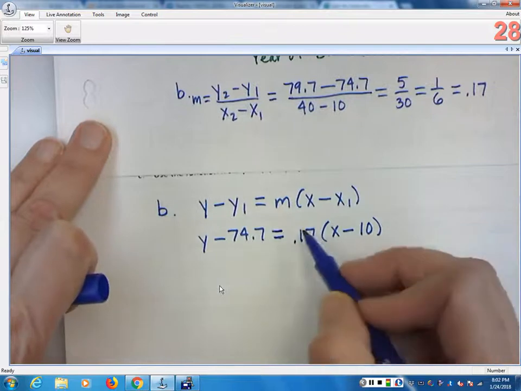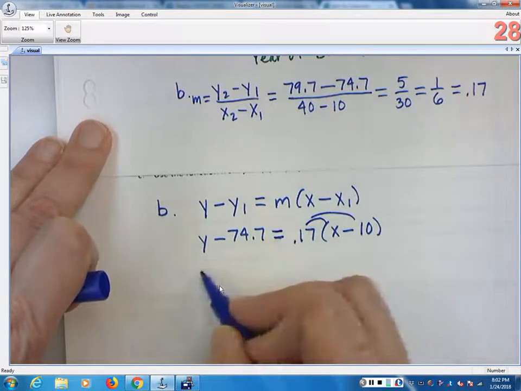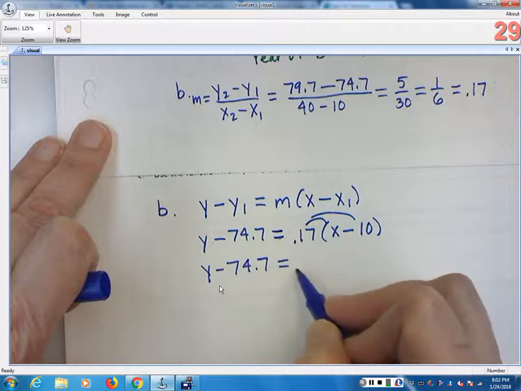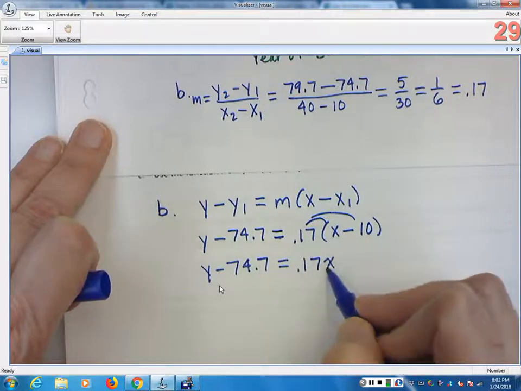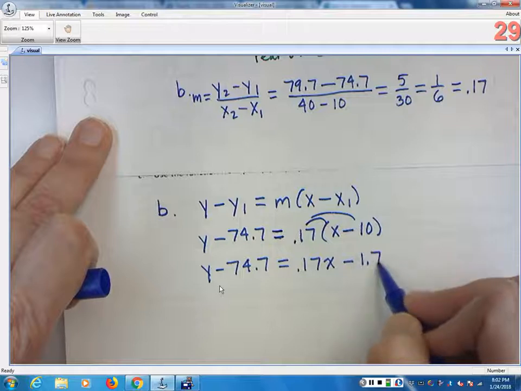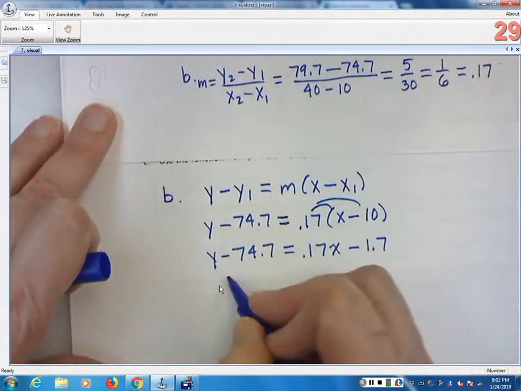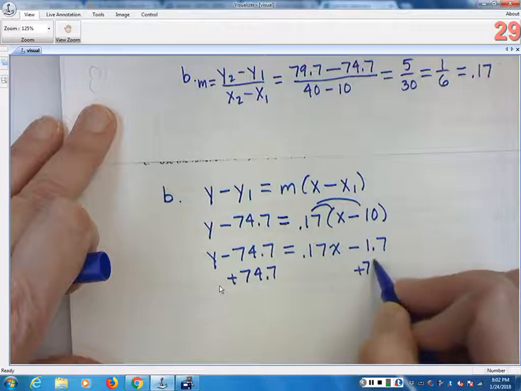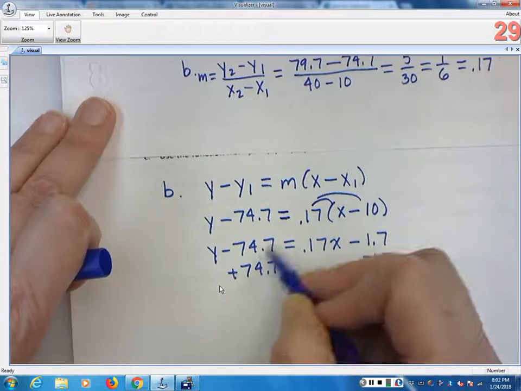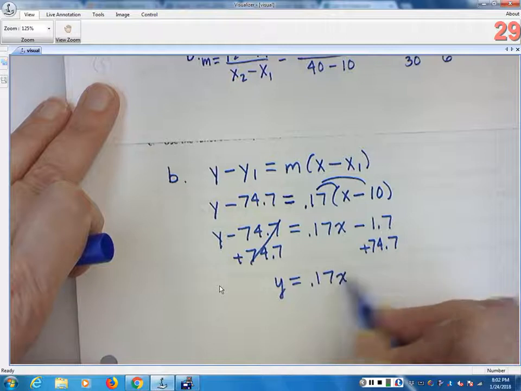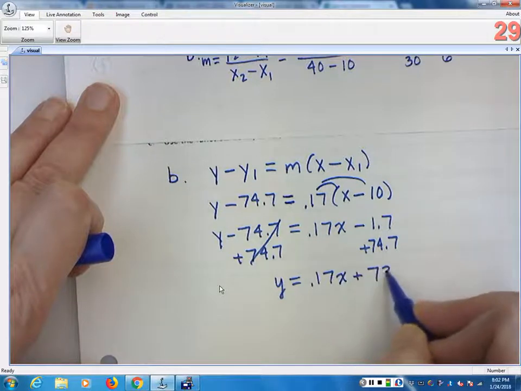So we're going to distribute this: 0.17x minus 1.7, and then we're going to add 74.7 to both sides. So y equals 0.17x plus 73, I believe.